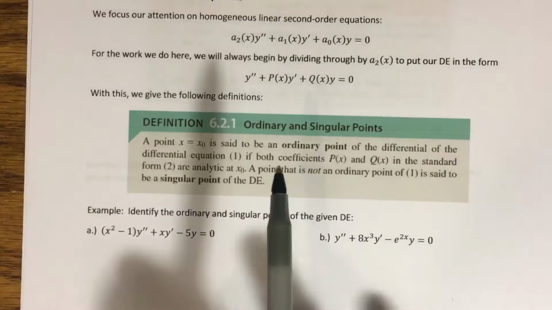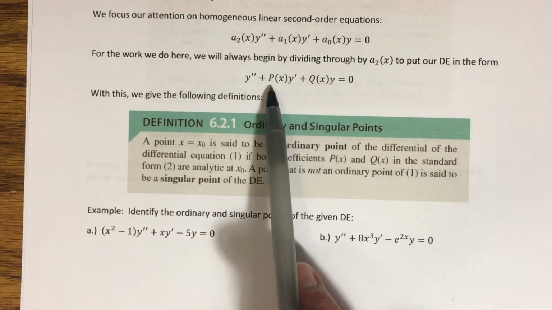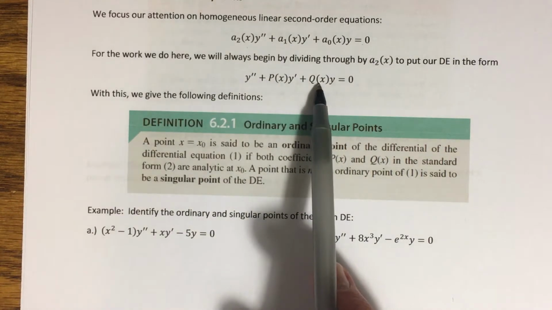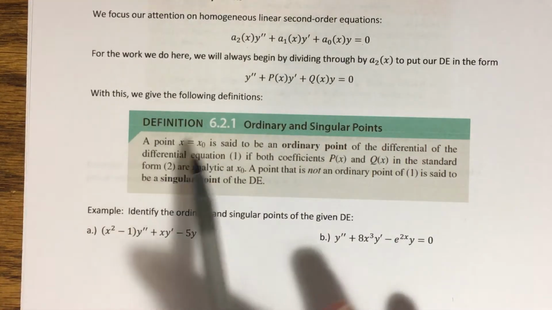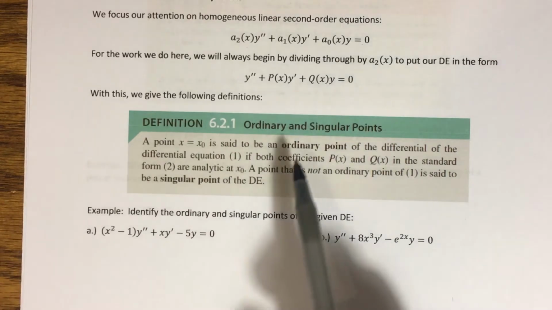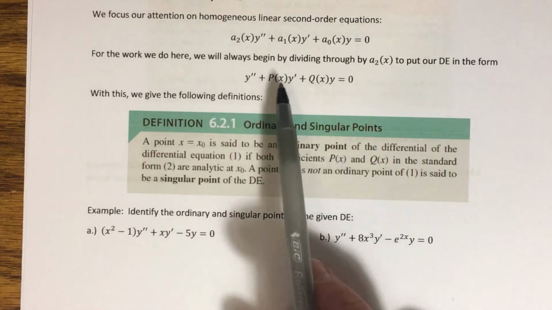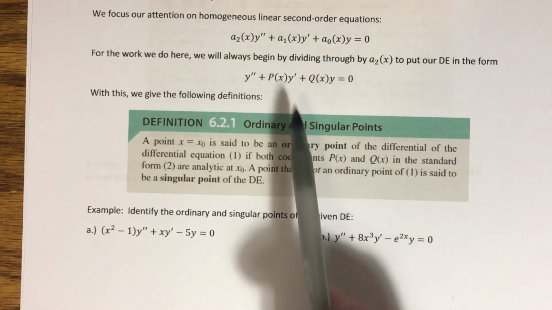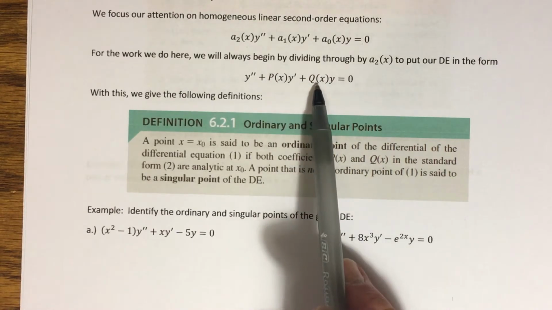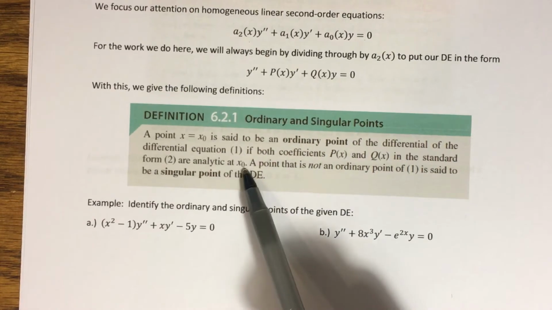Okay? So using this form and specifically thinking of this function as p of x and this function as q of x, we have the following definition. A point x equals x0 is called an ordinary point of this differential equation if both of the coefficient functions p of x and q of x in this form are analytic at x0.